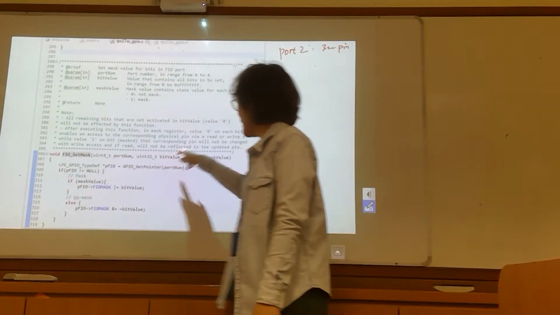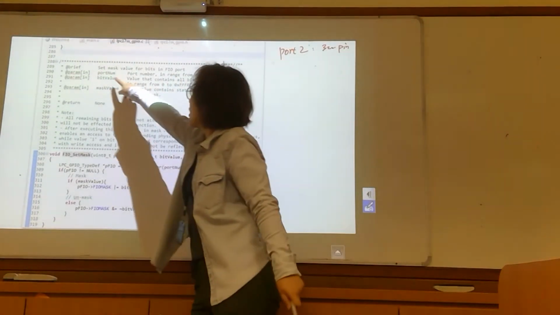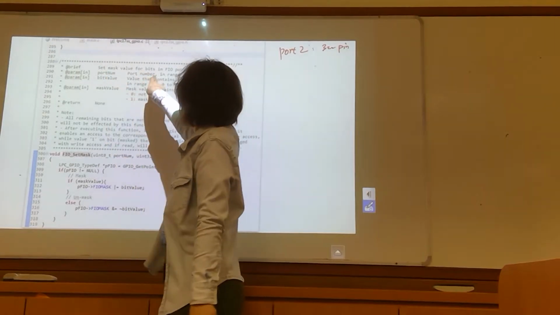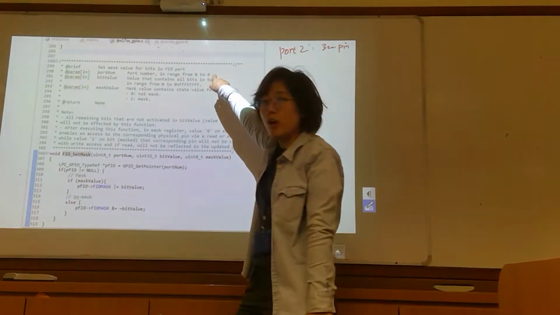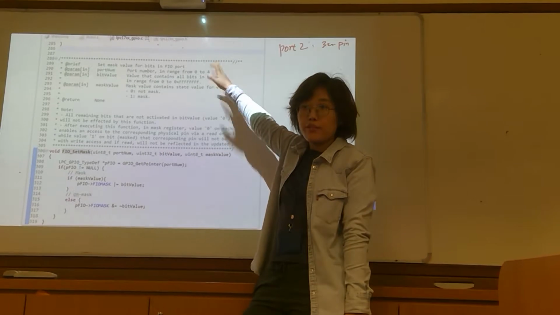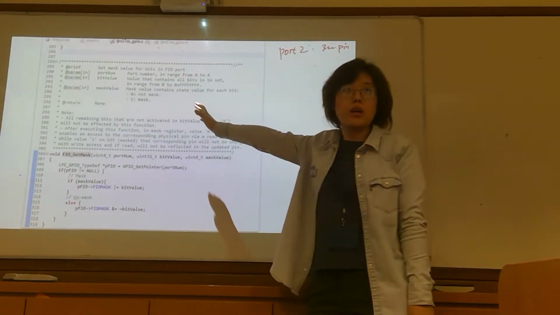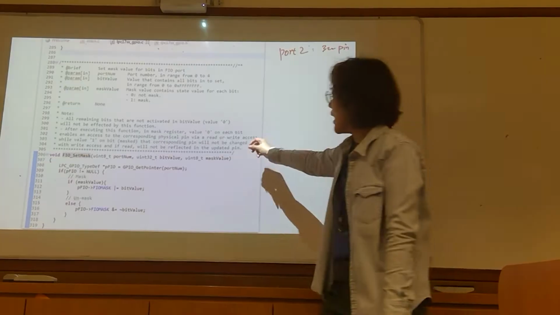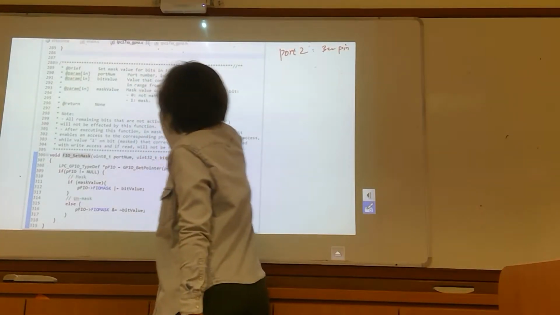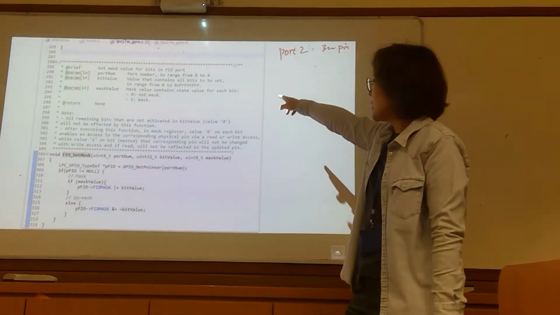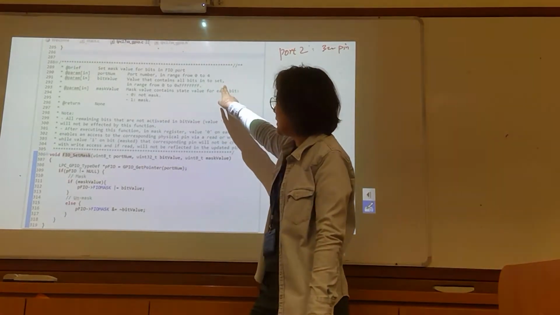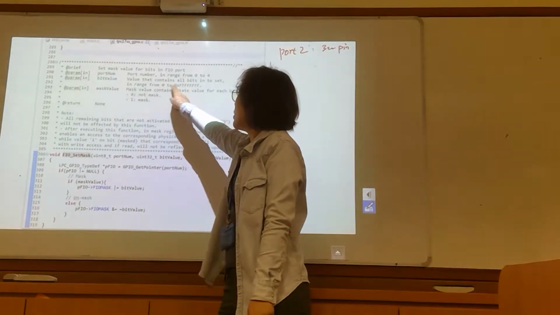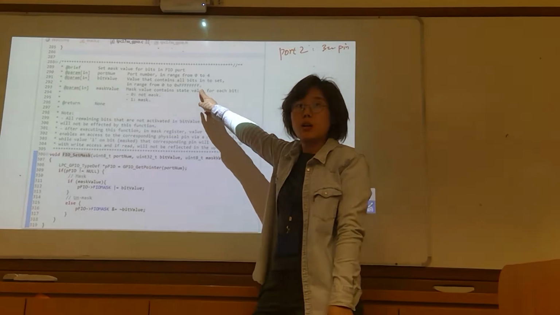And if you don't understand these parameters, read here. Okay, you see port number in range from 0 to 4 because you have 5 ports for your LPC1769. Okay, and you have bit value that contains all bits to set in range of 0 all the way to FFFF. Why this value?